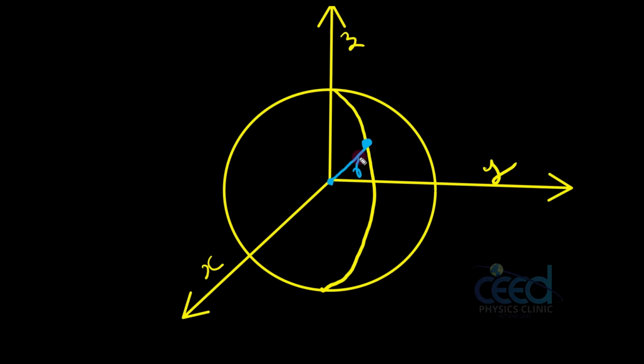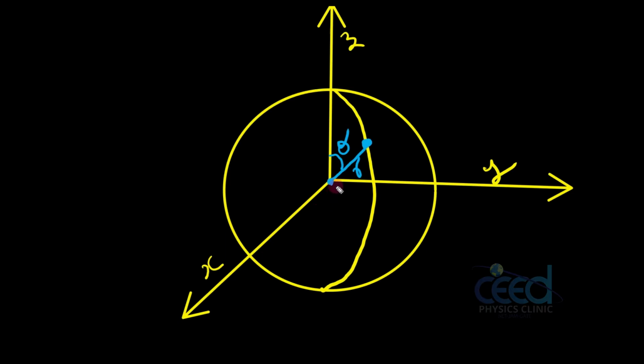We must have this r, and we also need the angle from the z-axis, that is theta. We also need the height of this point.